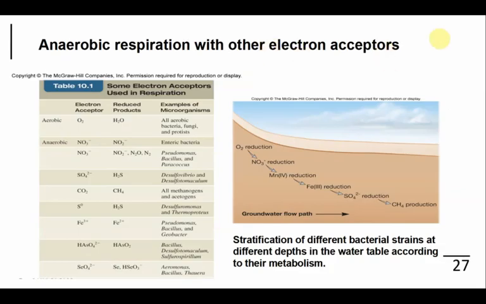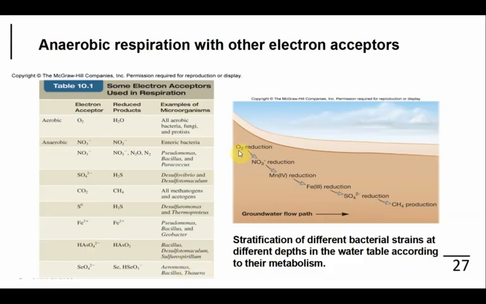So in the water table, for example, you'll have a kind of stratification with different bacteria growing, so you have to imagine where the energy is coming from to begin with. It's coming from organic carbon. And the organic carbon is going to be metabolized first by respiration, as long as there's some oxygen around.